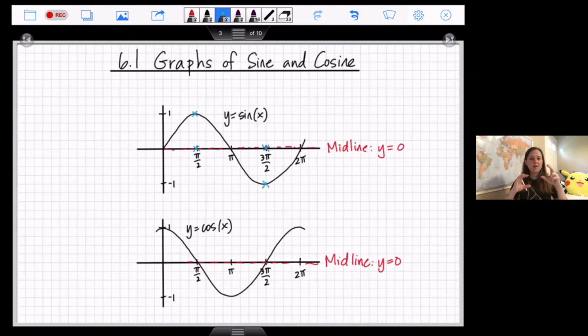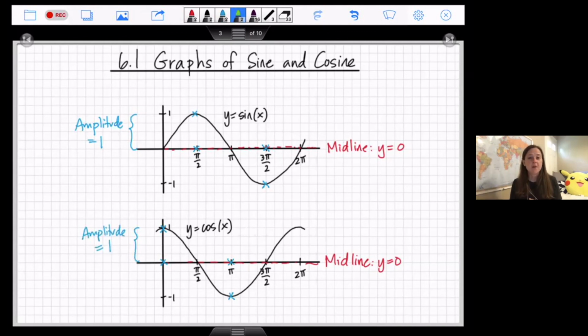Either way, on the graph of sine and cosine, this is a distance of 1. So we would say that the amplitude is equal to 1. Same thing for cosine, from a peak to the midline or from the midline to a trough. The amplitude is equal to 1.